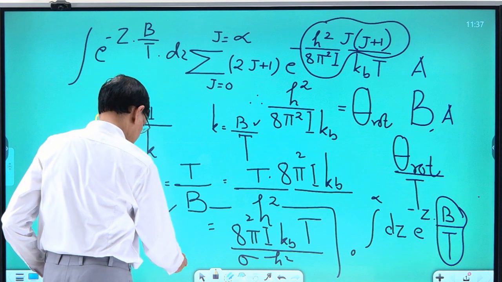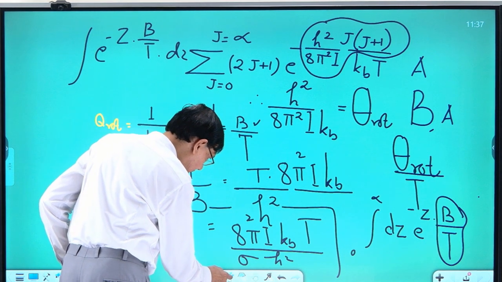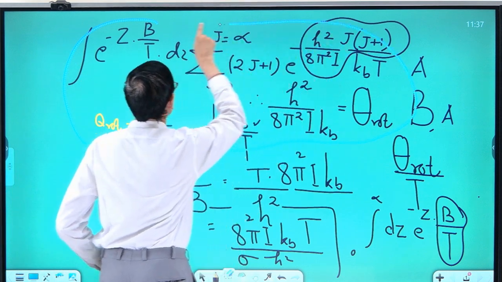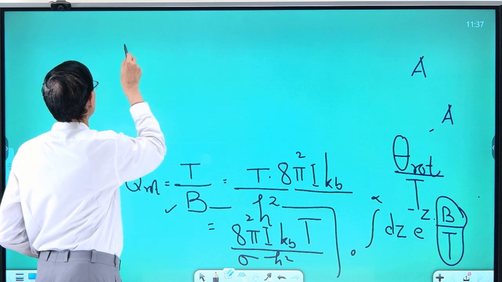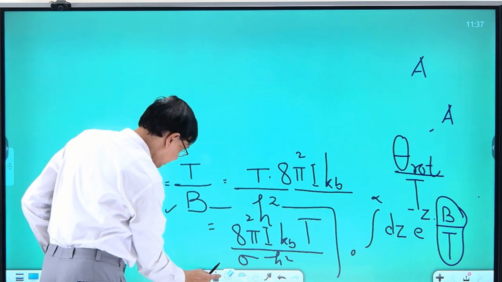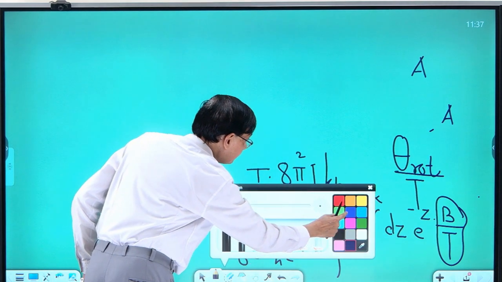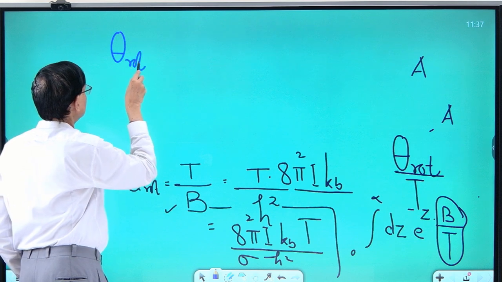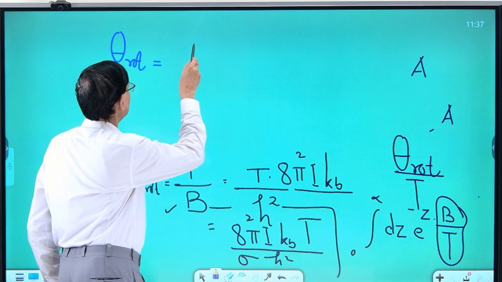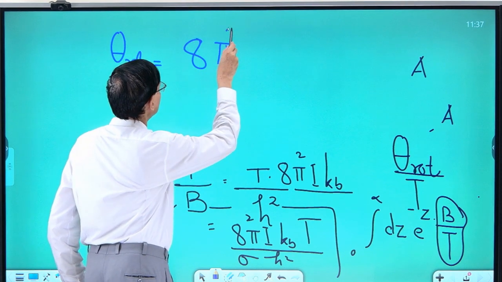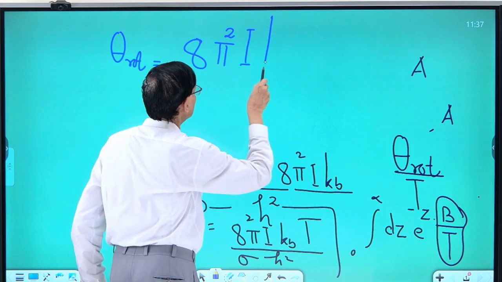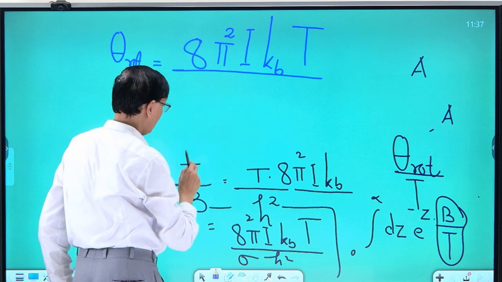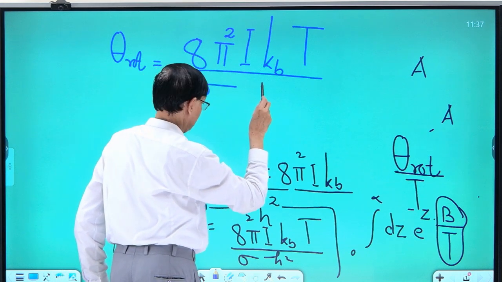So let me write one thing here. So finally, the rotational partition function for diatomic molecules is 8 pi square I, moment of inertia, kb Boltzmann constant, T, divided by h square.